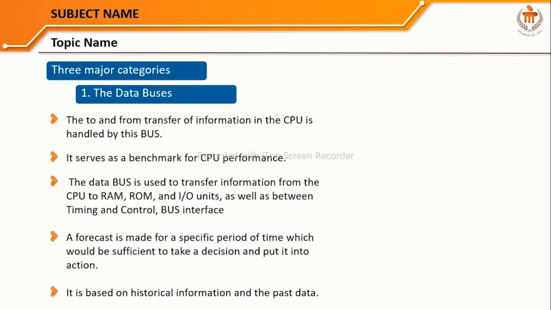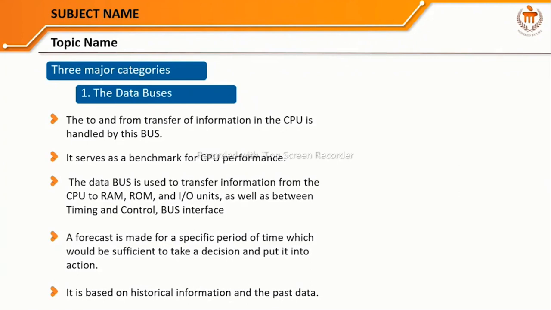It serves as a benchmark for CPU performance because if they are transferring the data, they are performing a transport service. If we have a faster transport service, it means we get better results. Same here, if we want good CPU performance, the buses should be able to send the messages to the devices.